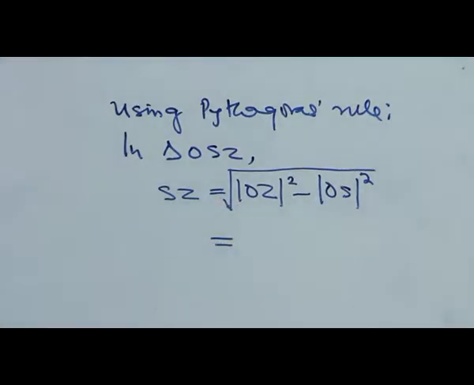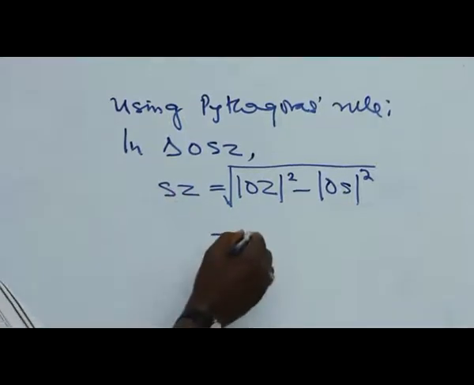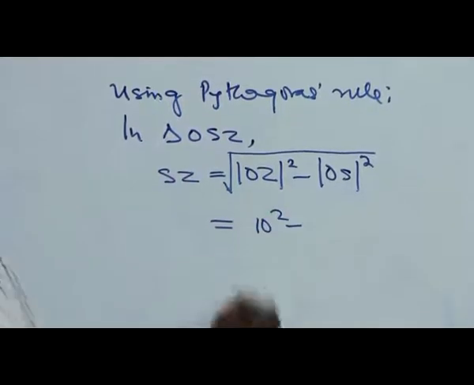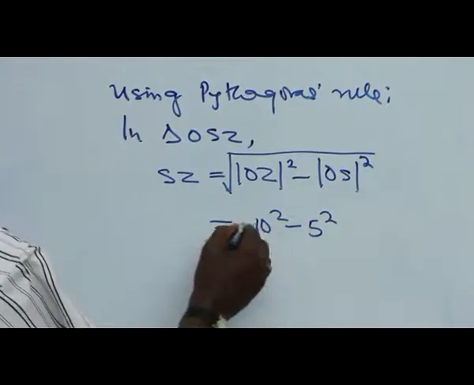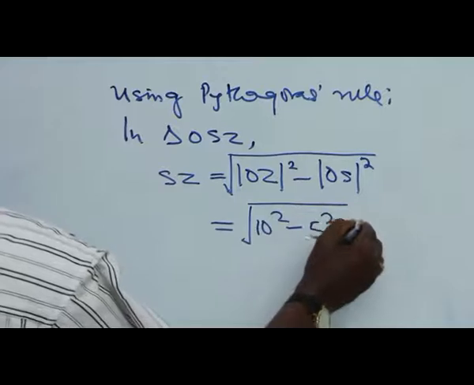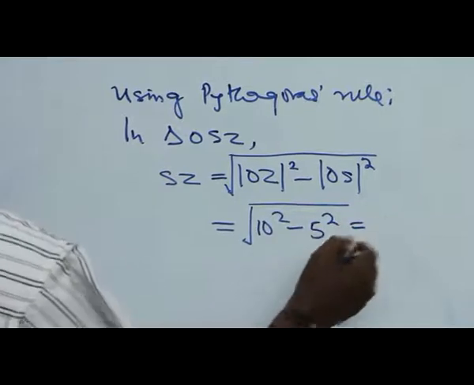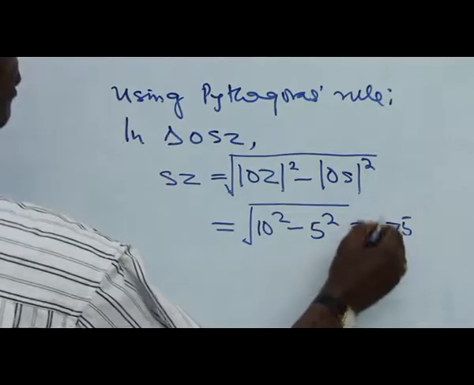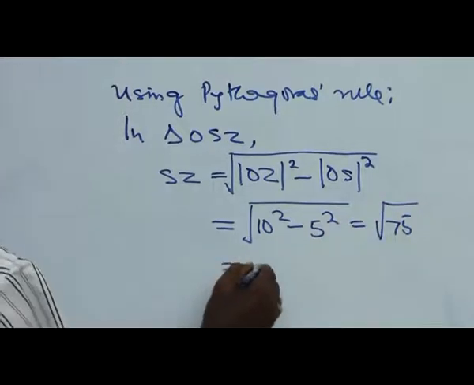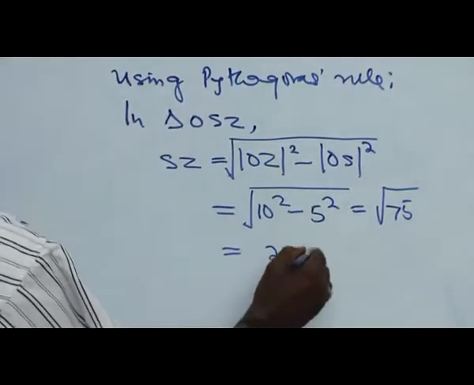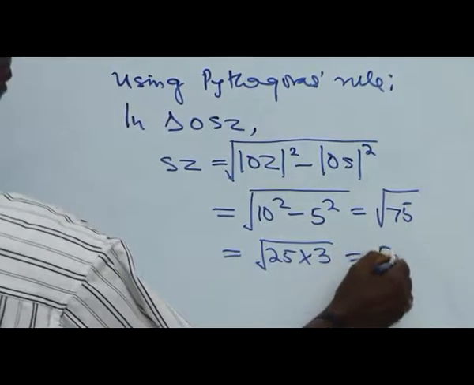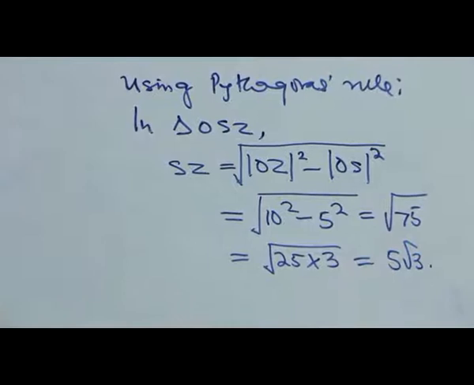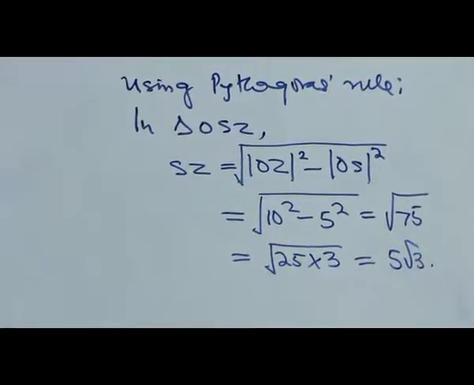This will be equal to, our OZ we calculated is equal to 10, and our OS is 5, and this will eventually give you 100 minus 25, and that's 75, and that will give you 25 times 3, and the square root of 25 is 5 times 3. So you have gotten your SZ.